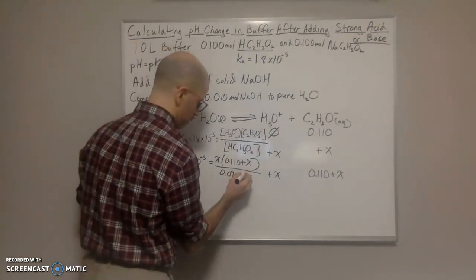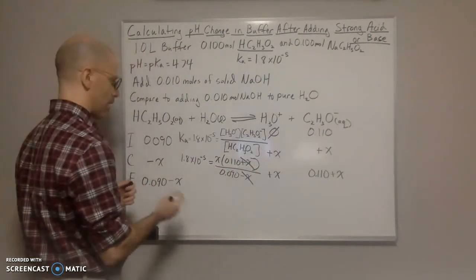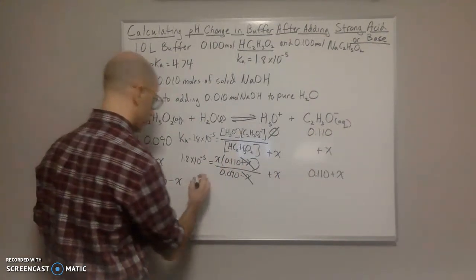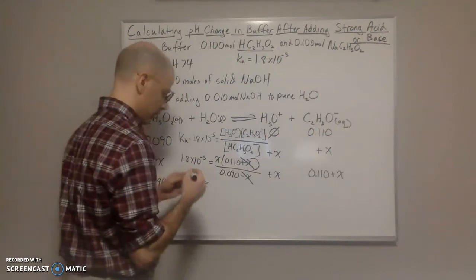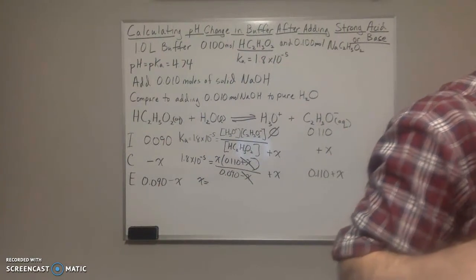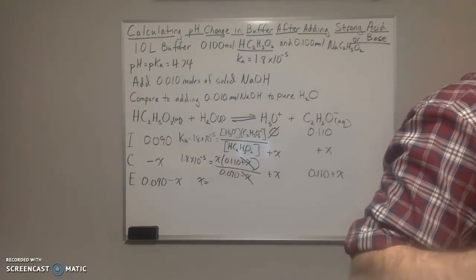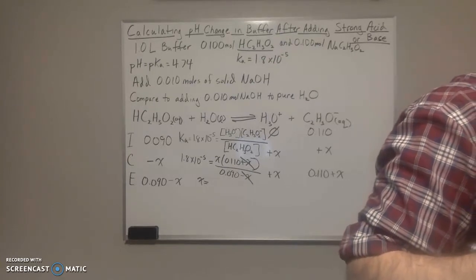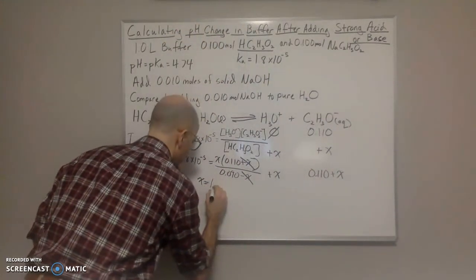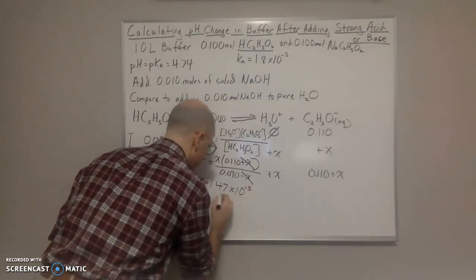So here, this will go to 0, this will go to 0. And so now we can divide these and then solve for x. And when we do that, x is equal to 1.47 times 10 to the negative 5.